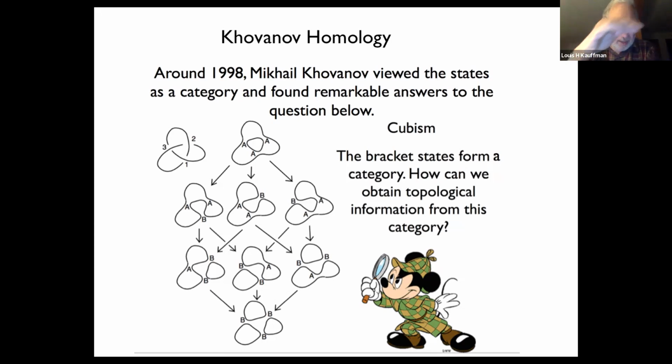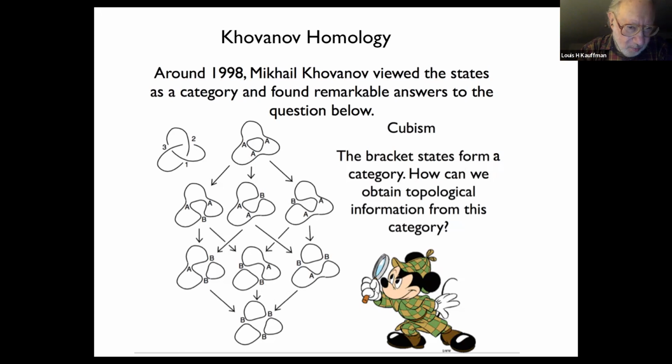The idea that fits here is to take a grading, which consists of: 0th grading is the A state, 1 grading are the states with 1 B, 2 grading is the states with 2 B's, and 3 grading is the states with 3 B's. Prolong your functor so that each of these objects becomes a module, so you can do homology.